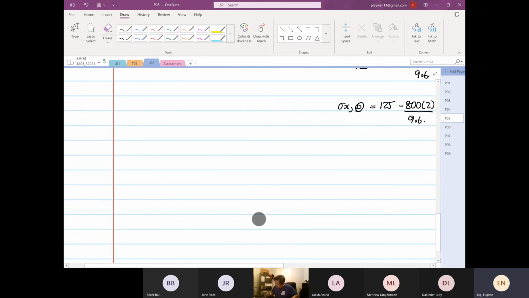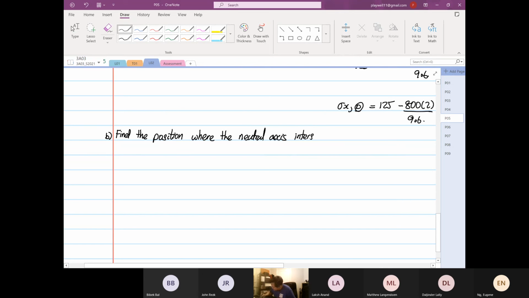So the next part, B, we're going to find a position where the neutral axis intersects line ABD.